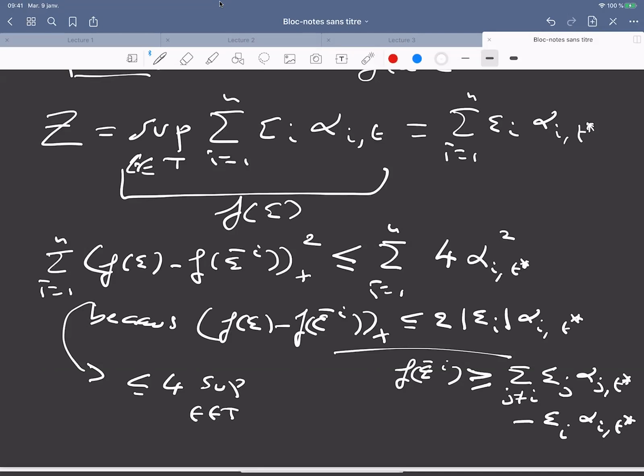And so this is the reason why the factor 2 appears. This is because you end up with 2 times epsilon_i. Okay? I understand.